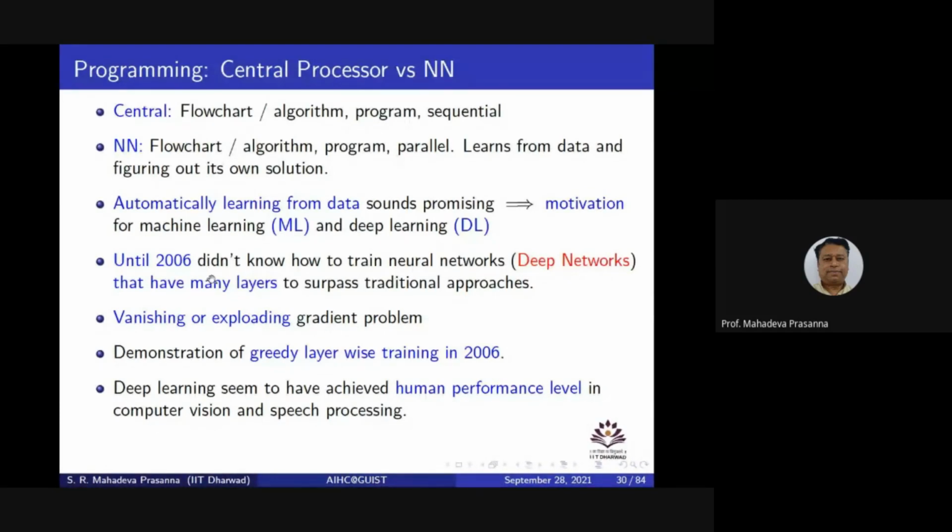And in 2006, for the first time, it was demonstrated that it is indeed possible to train a deeper network with many layers. That gave a breakthrough for the field of deep learning. It was called greedy layer-wise training, where you train each hidden layer separately as a feature extractor, then bring those as blocks and stack them together to get a deep learning network.